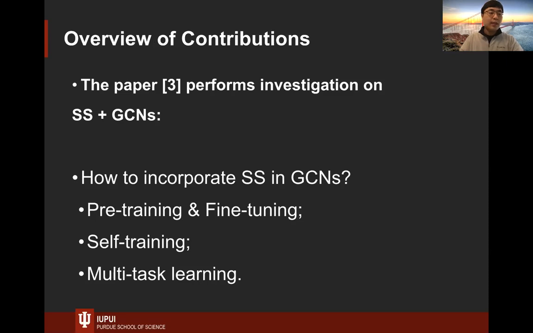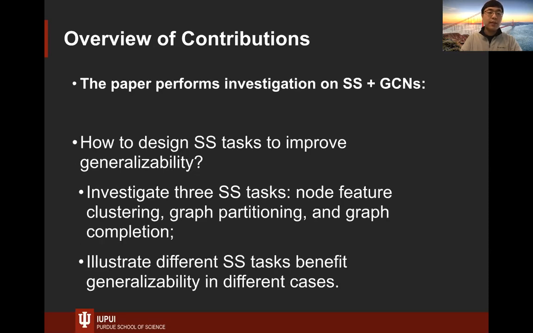This paper raised three questions for how to integrate self-supervision into graph convolutional networks. The first question is how to incorporate self-supervision in graph convolutional networks. The paper proposes three schemes to answer this question: pre-training and fine-tuning, self-training, and multitask learning. The second question is how to design self-supervision tasks to improve generalizability.